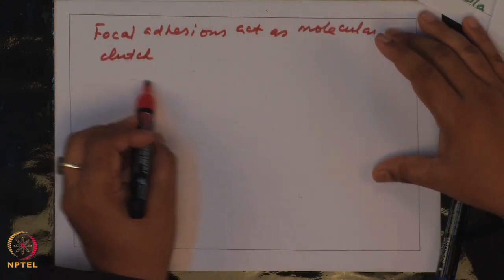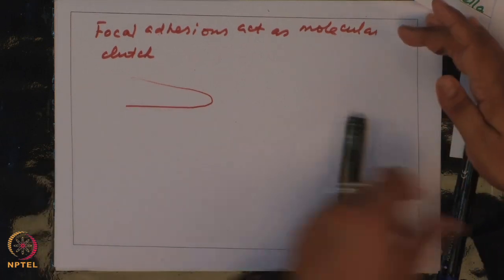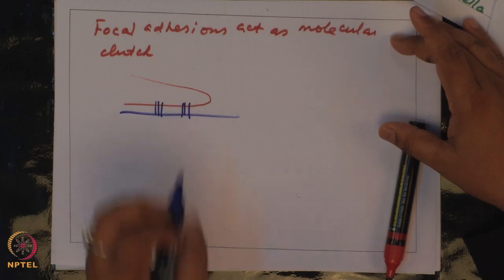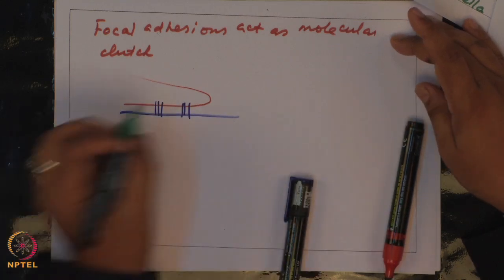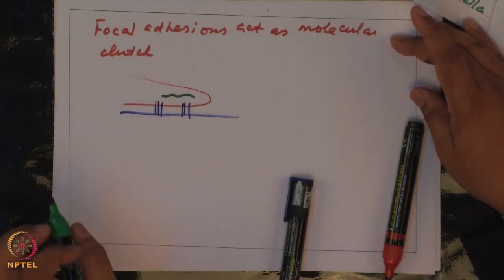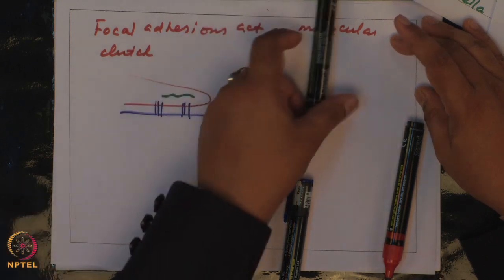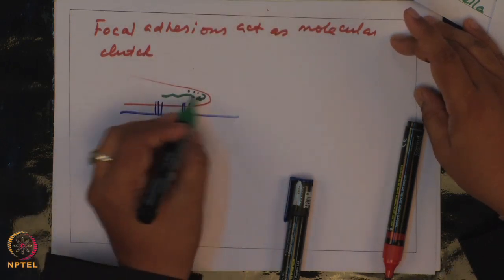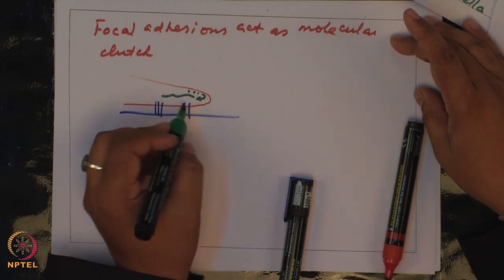So, if I were to draw the membrane of the cell, you have these integrins, let us say these are my focal adhesions. If you have an actin filament, and you have monomers which get added to the front edge of the cell.